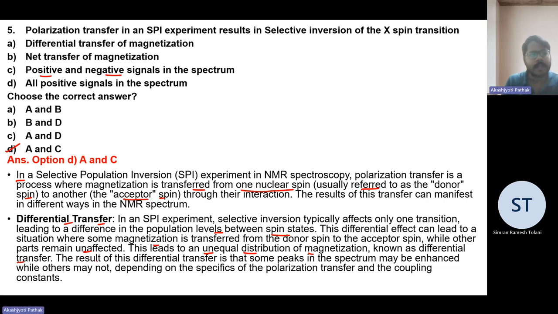As a result, some peaks in the spectrum may be enhanced while others may not, depending on the specifics of the polarization transfer and the coupling constant.